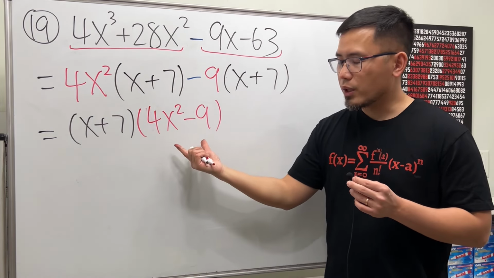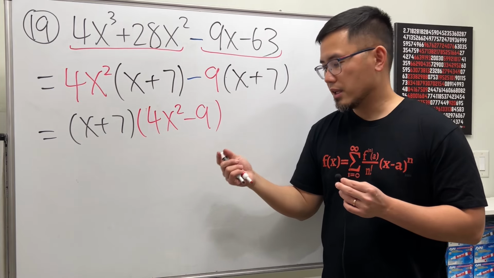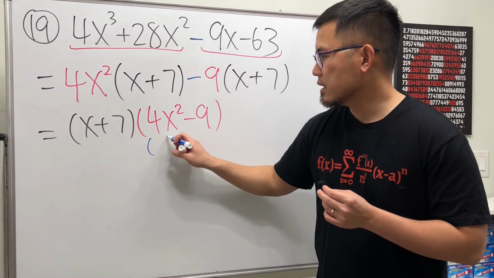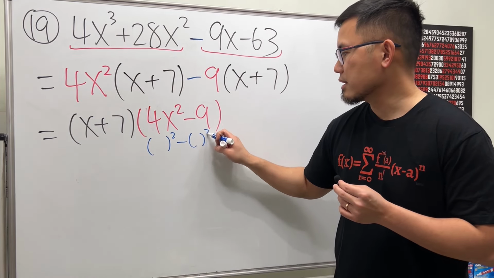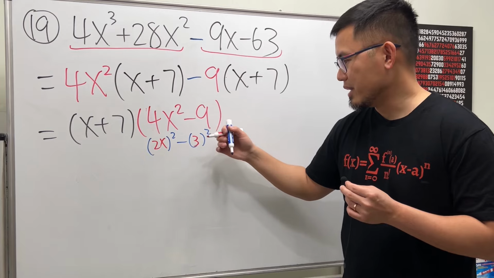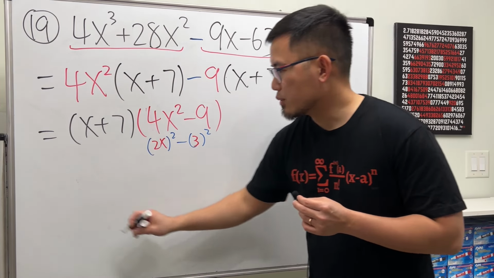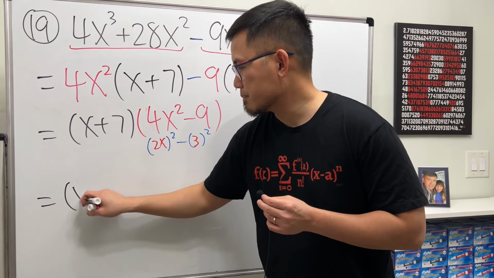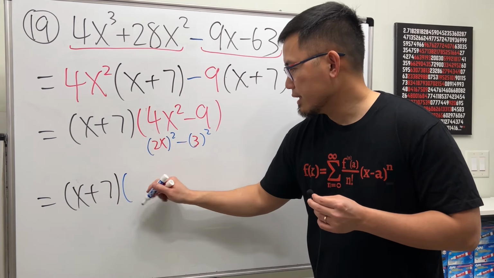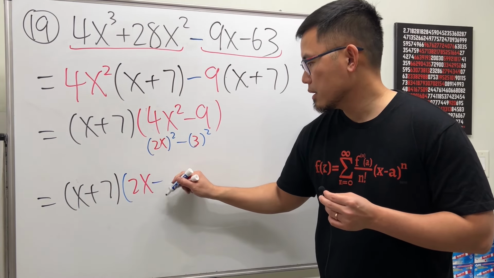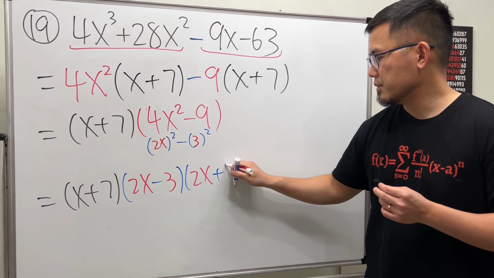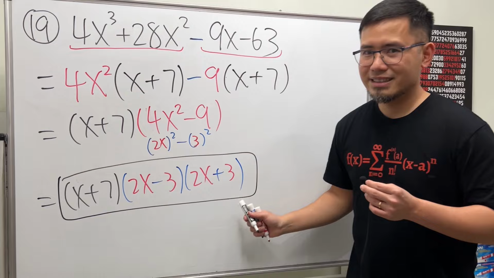And notice this right here is a difference of 2 squares, so we can actually factor this as well. Look at this as something squared minus something else squared, right? We need 2x and 3. So this right here, we still have the x plus 7. And then for this, we will have 2x minus 3 times 2x plus 3. And that will do it.